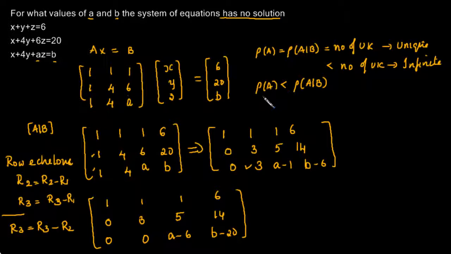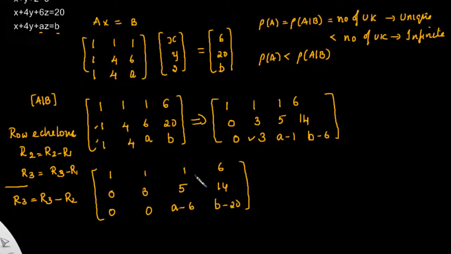Now what we need is, we have to find the rank of A and rank of the augmented matrix, and for the system to have no solution, the rank of A should be less than rank of the augmented matrix. For rank of A to be less than rank of the augmented matrix, surely this element must be 0, that a minus 6 must be 0.